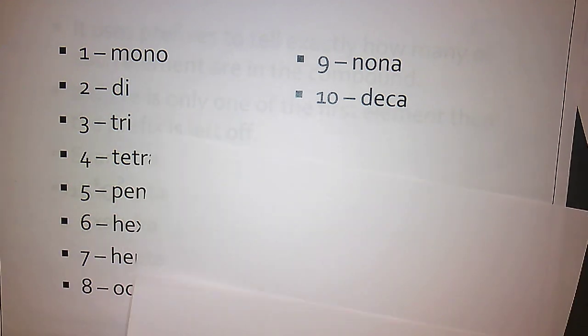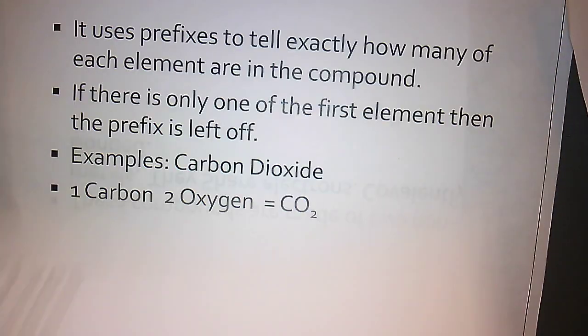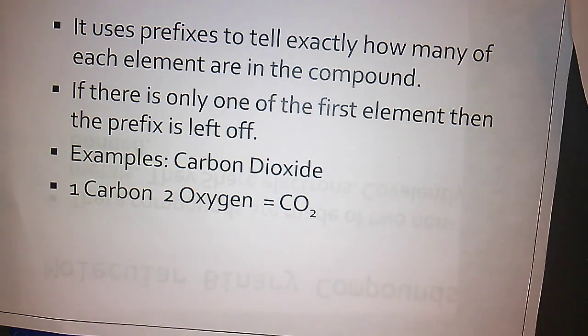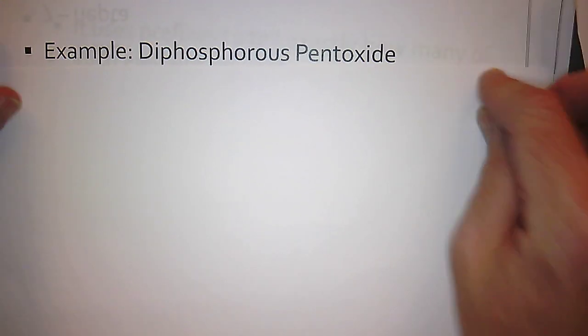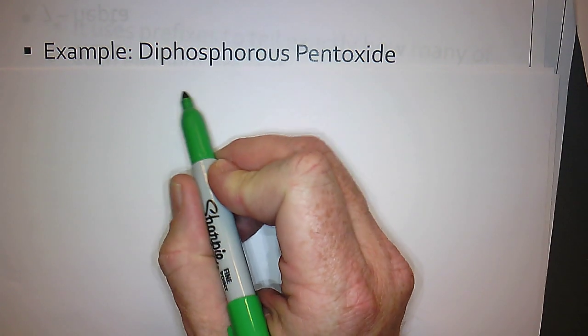All right, you want to do one more example? It's another example off that worksheet that we did not do. Let's flip it around like this. This one has prefixes on both elements. So, diphosphorus, which element's that going to be? Phosphorus.